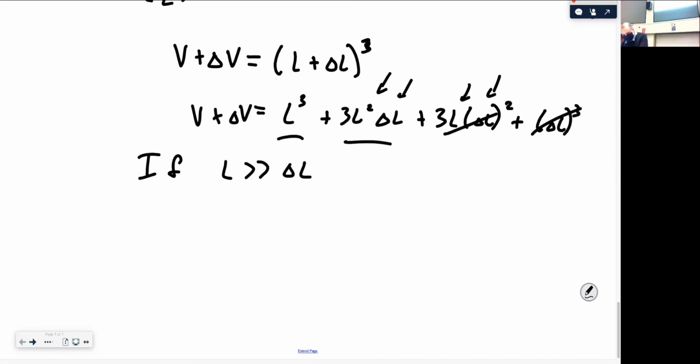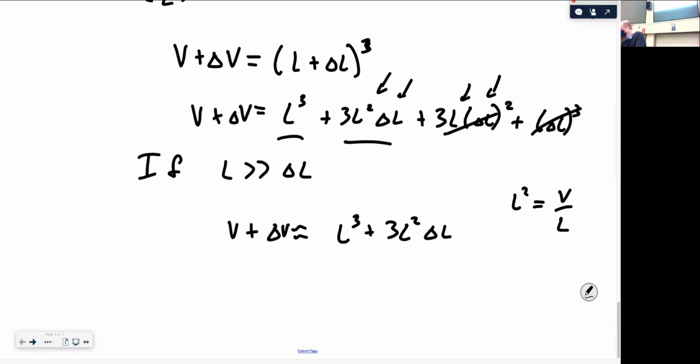If that's the case, then we know that V plus delta V is about equal to L cubed plus 3L squared delta L. And we know that L squared is V over L. Let's plug that in for L squared and see what happens.